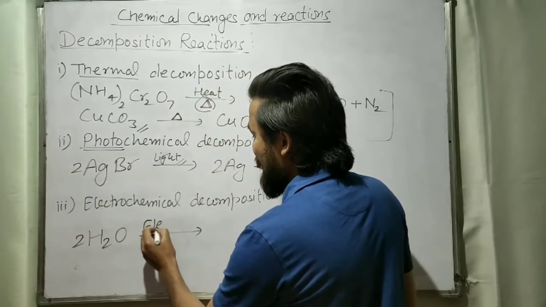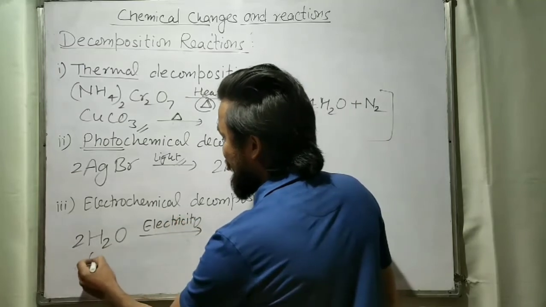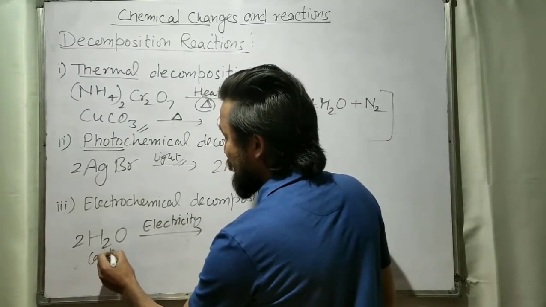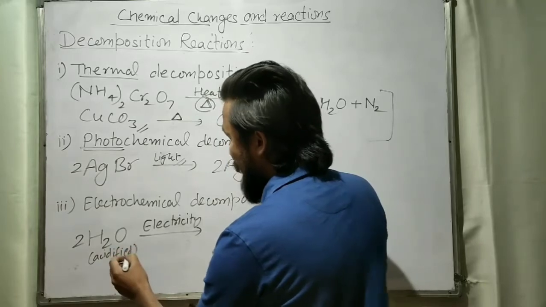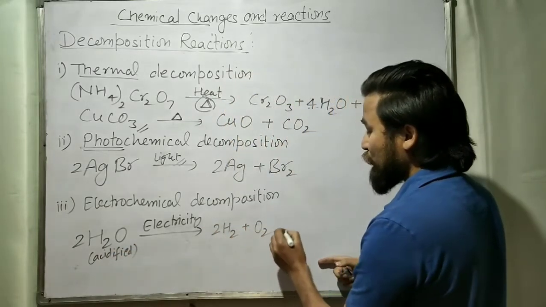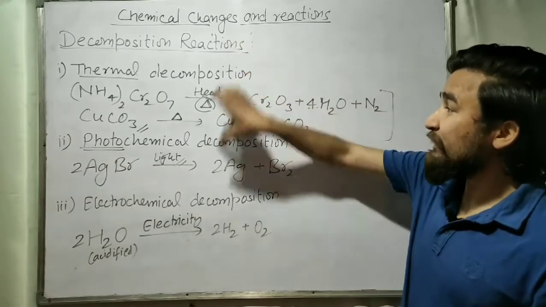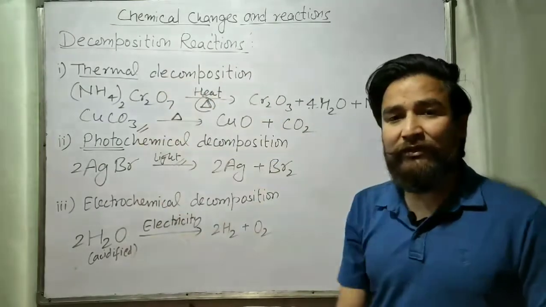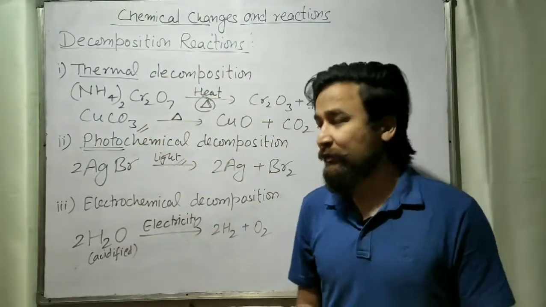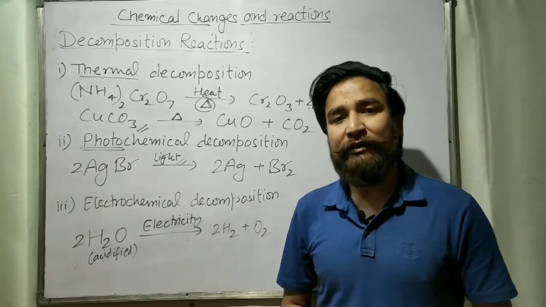When you pass electricity, actually it is generally acidified water, 2H2O will form 2H2 plus O2. So these are a few examples and types of decomposition reactions. Remember these terms can be used anywhere. So these types of reactions are called decomposition reactions.